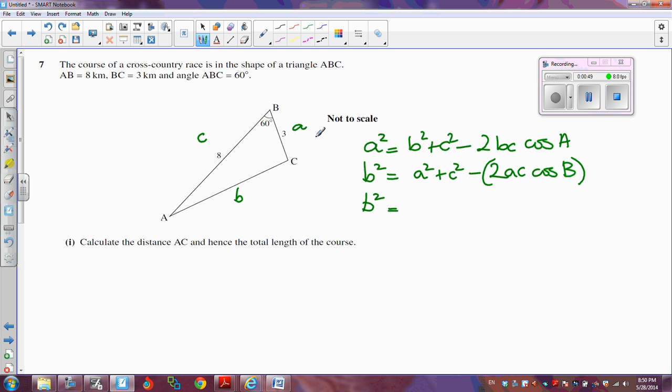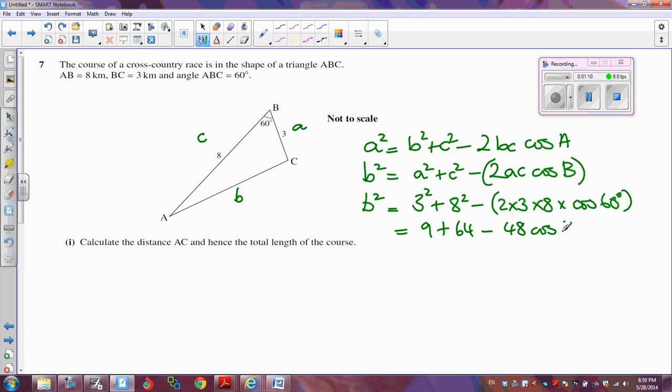B squared is going to equal a squared, well, that's 3 squared, plus c squared, well, that's 8 squared, minus 2 times 3 times 8 times cos 60 degrees. So that's the same as 9 plus 64, take away 48 cos 60, but I must make sure that I keep that together.